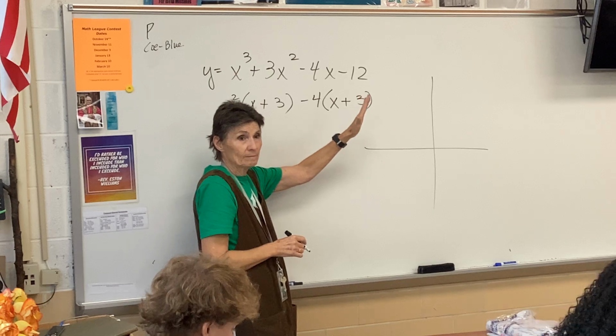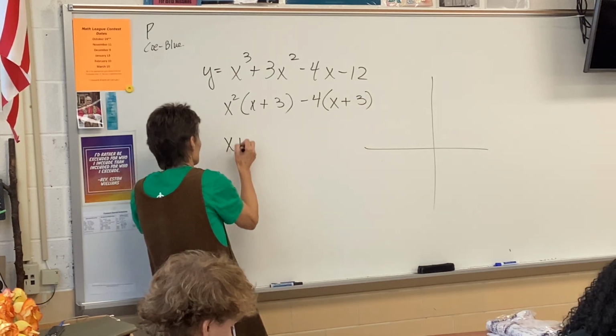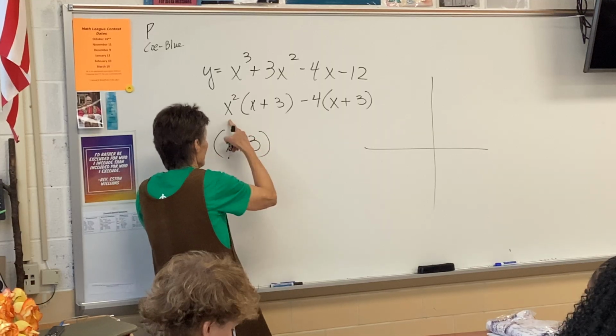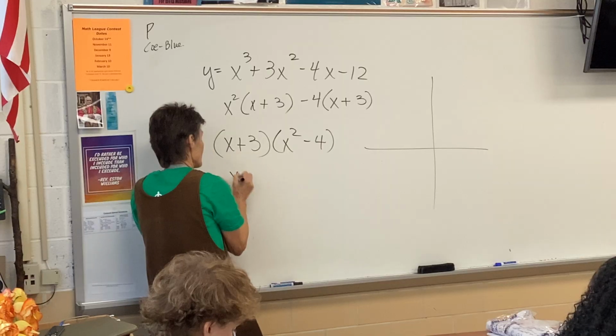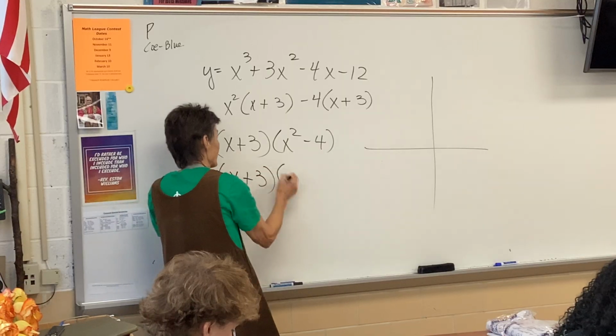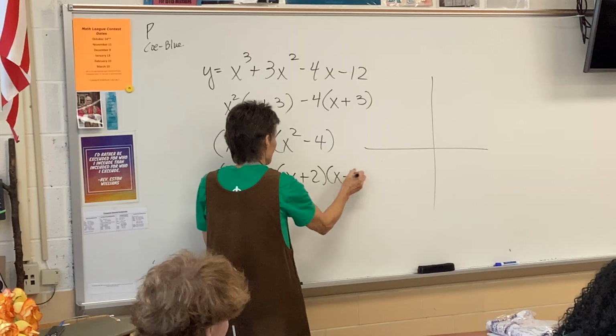So far, so good? Now, these gotta match. So I write down that. And then left over is x squared minus 4, which you have to recognize factors how? X plus 2, x minus 2.